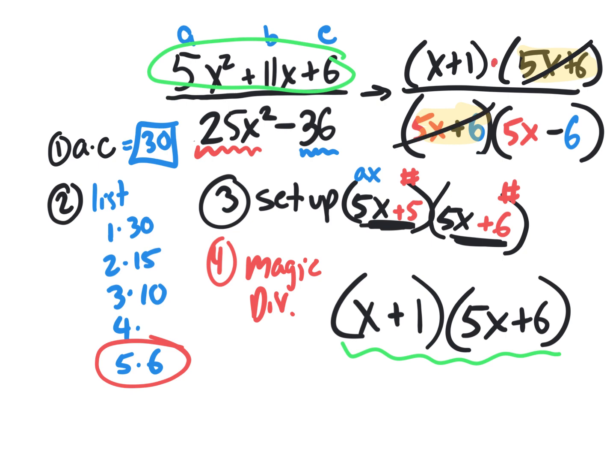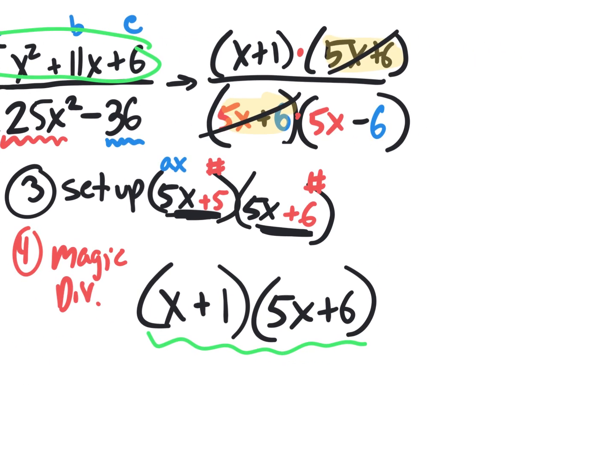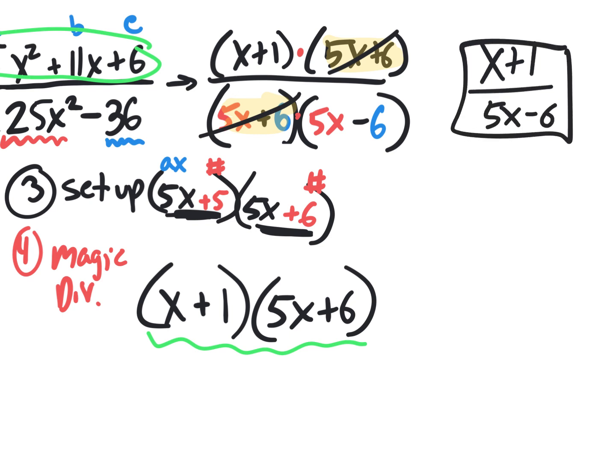Why? Because I have multiplication now, which I'm able to cancel. That's why we factor, to be able to get the multiplication, to be able to cancel. And that leaves us with our final answer, x plus 1 over 5x minus 6. You can't cancel out the x's because of the plus or the minus. You just can't cancel anything else out.